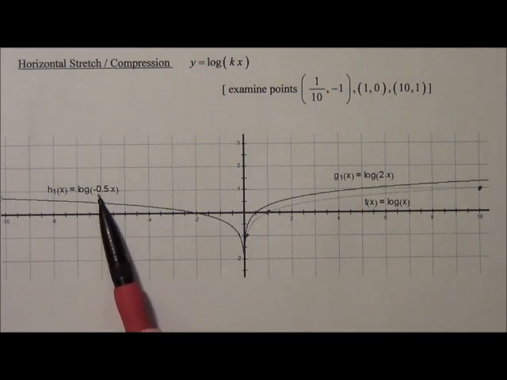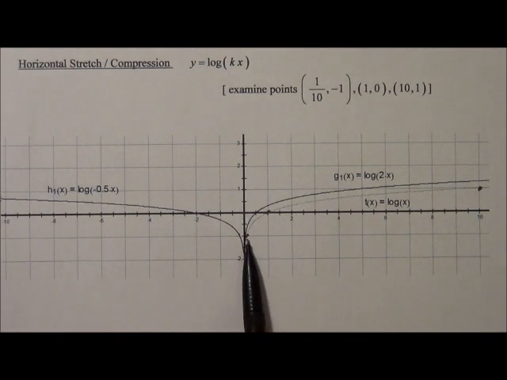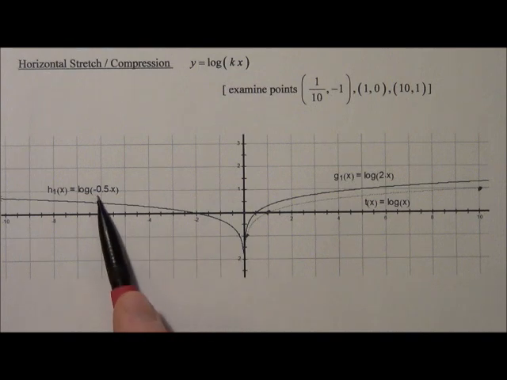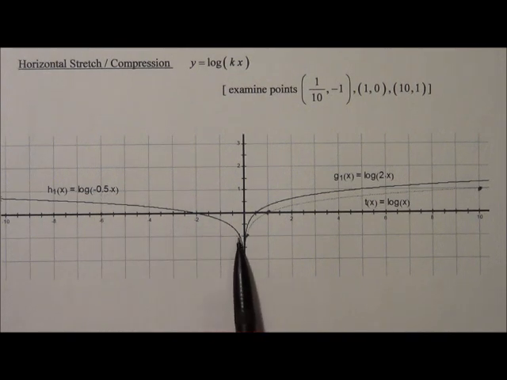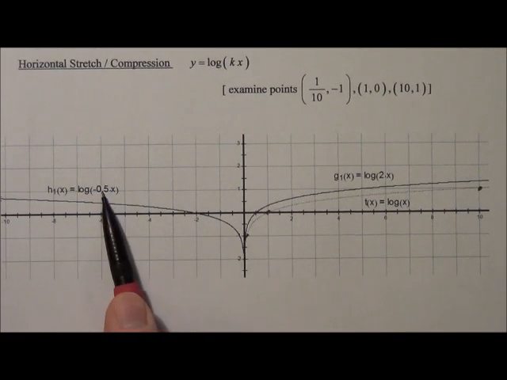And then here is the graph of log of negative 0.5x. So the negative reflects it in the y-axis, and then with 0.5 we're dividing by a half, and when you divide by a half you flip and multiply, so we're basically multiplying all the x values by 2. This point of (1/10, -1) becomes (-1/10, -1) because of the reflection in the y-axis, and then it becomes (-1/5, -1) with the horizontal stretch.